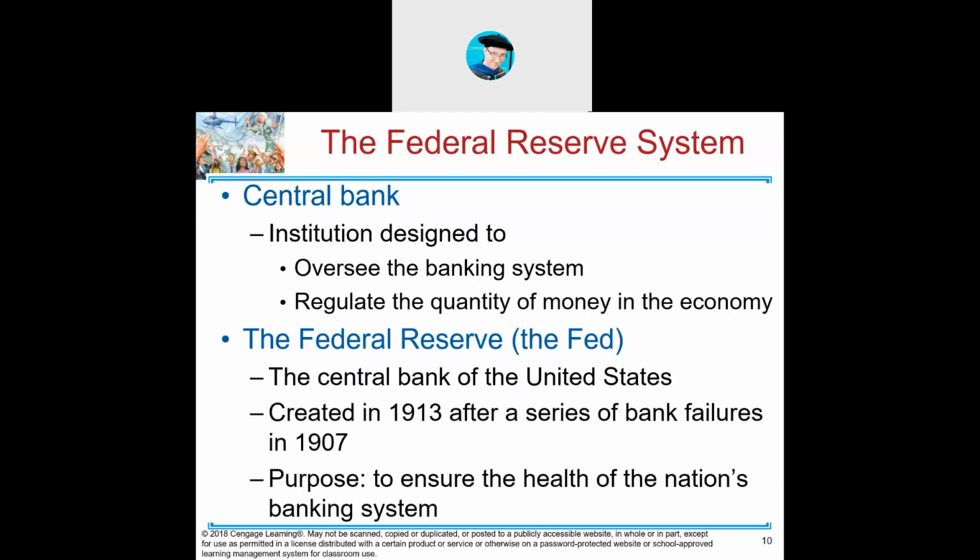When you think about the central bank, think about a bank in Washington D.C. that controls the entire country when it comes to the banking system. That's why we call it the central bank. Think of it like the headquarters, if you will. We also have this thing called the Fed, the Federal Reserve.